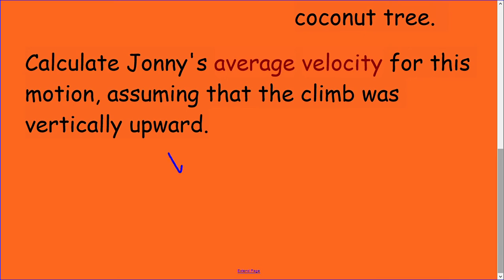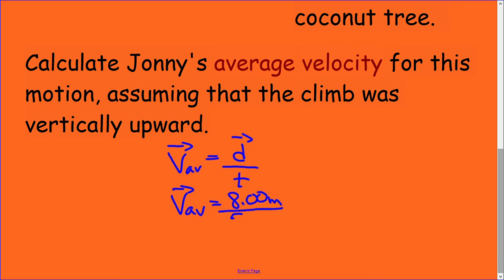Alright, so average velocity is displacement over time, which means average velocity is equal to 8.00 meters over top of 5.62 seconds.